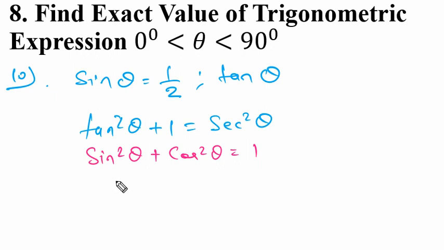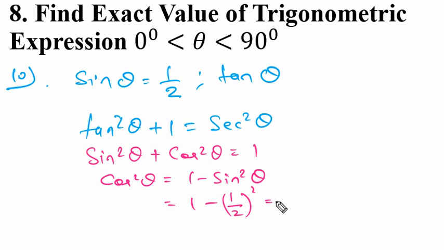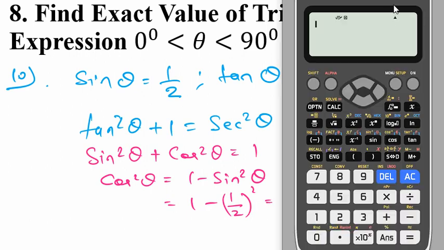So with this one, cos square theta is equal 1 minus sine square theta, and that will give me 1 minus 1 over 2 square. So you can use directly calculator here, right? I don't need to explain this again and again. You can just write 1 minus brackets 1 divide 2, because this is very obvious. You should know that.